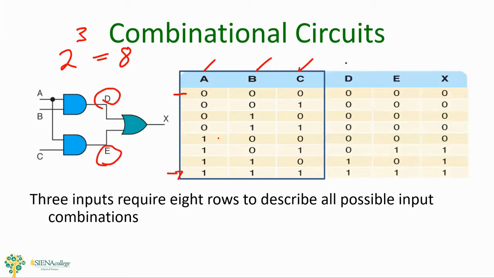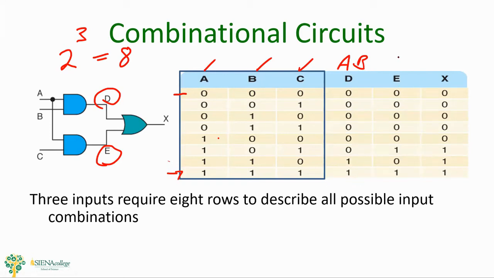So if we look at D and E, D is A and B. Well, AND says it's only going to be true when both of the values are true. And the only time that both of the values are true are in the last 2 rows. So those are both 1s. All the other rows are 0s.